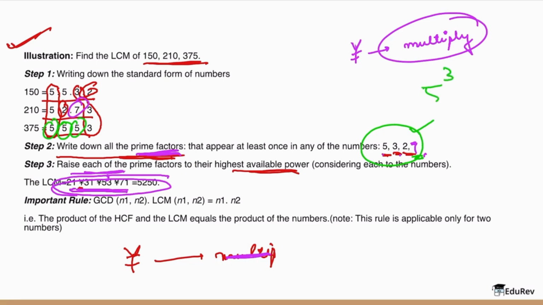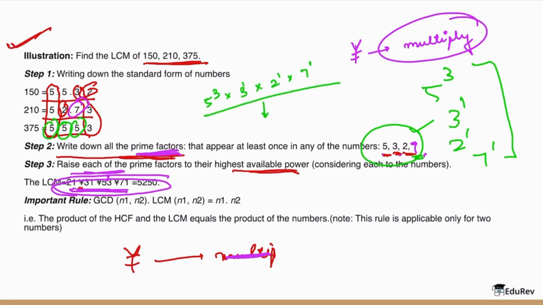Then 3 came at most one time, so 3 to the power 1. 2 also came at most once, and 7 also once. So I multiply 5 to the power 3 into 3 to the power 1 into 2 to the power 1 into 7 to the power 1. This whole comes to 5250, and this is my LCM. So the LCM of the numbers is 5250.